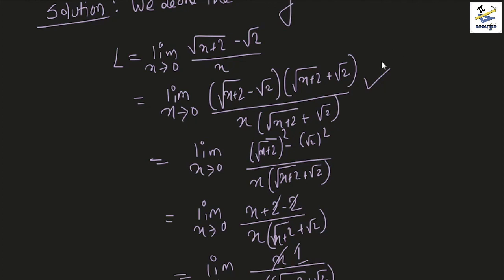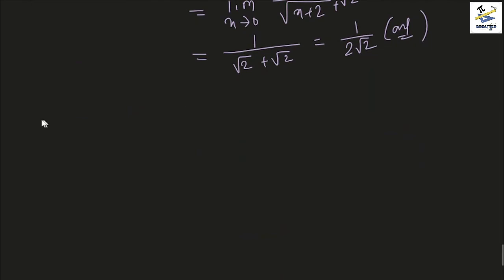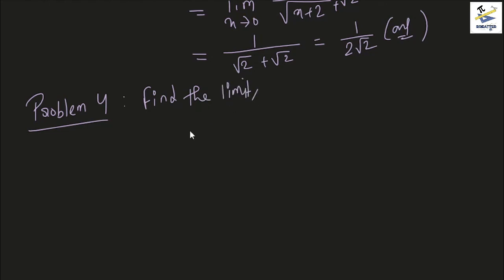So problem 4 would be something like: find the limit as x tends to infinity of (e to the power x plus e to the power minus x) divided by (2 plus e to the power x).